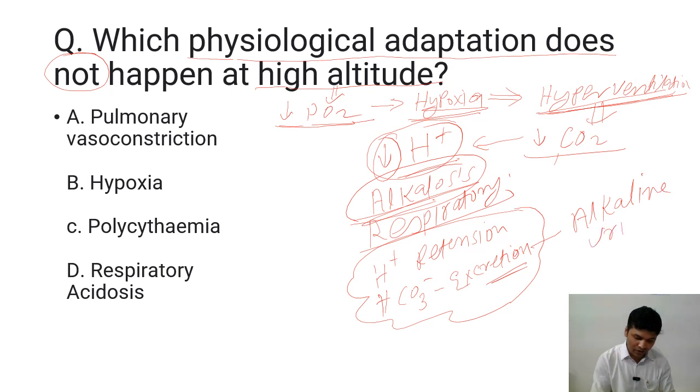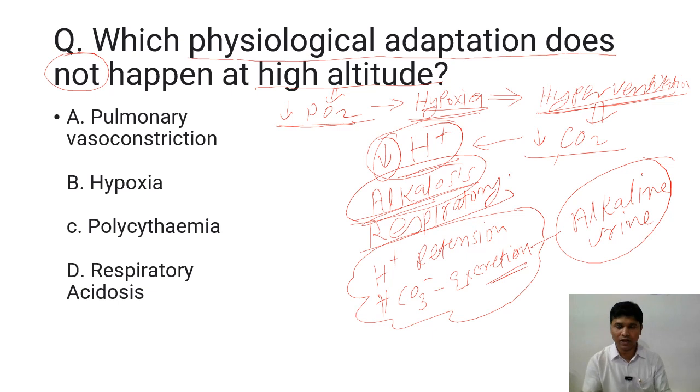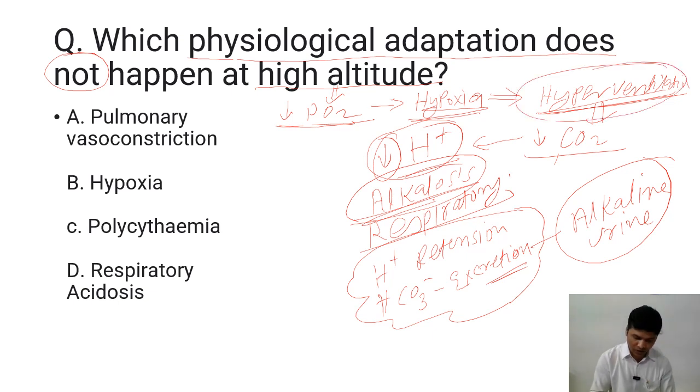If a question comes asking what the urine will be in hyperventilation, you will get alkaline urine, not acidic urine. High altitude also gives alkaline urine, the same thing, because of hyperventilation.